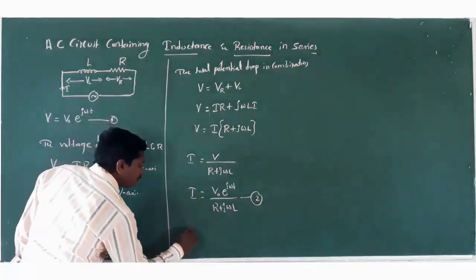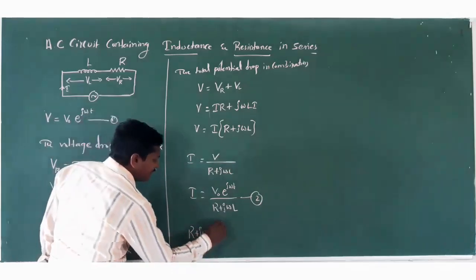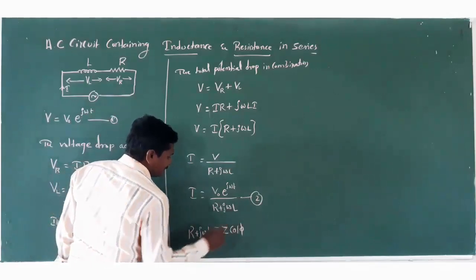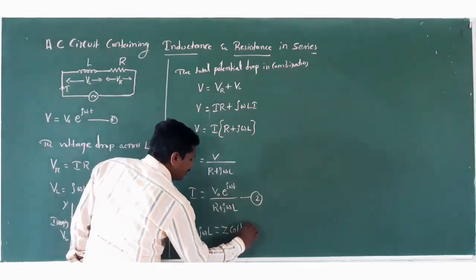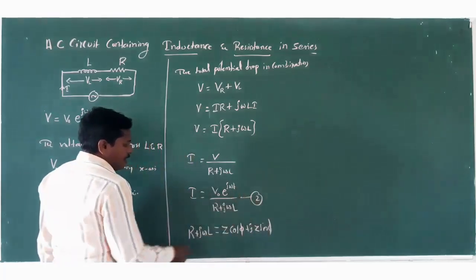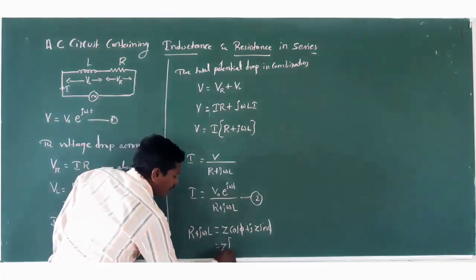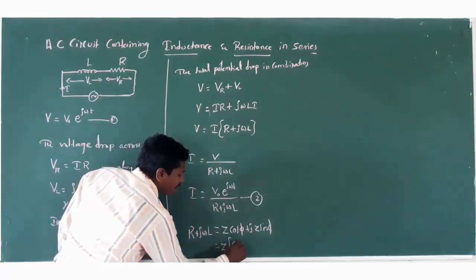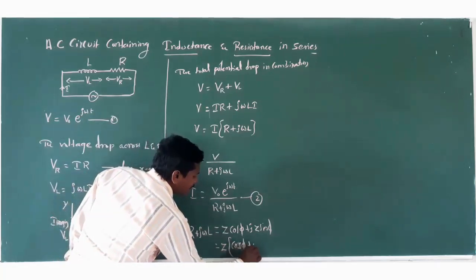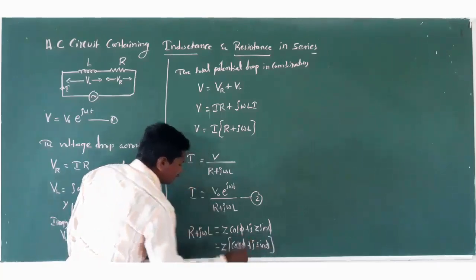We know that R plus j omega L can be written as Z cos phi plus j into Z sin phi. Now if we simplify this, take Z as a common term, therefore cos phi plus j into sin phi we are going to get.